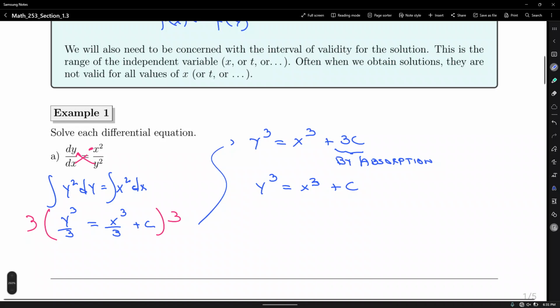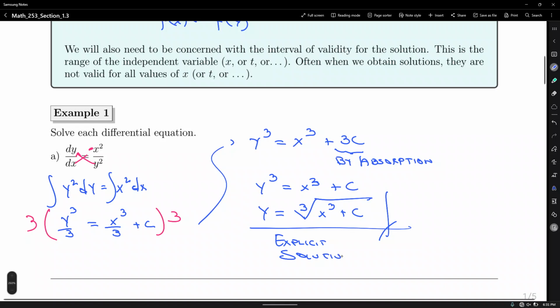Or if you prefer, some other textbooks or YouTube channels call it a k, or a c1, a c2, and in the end they just call it a c. Doesn't matter, okay? And in this case, we can solve for y by taking the cube root on both sides. And this is our explicit solution. And this guy right here is the implicit solution. All right?